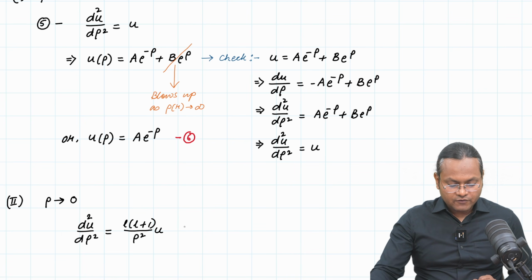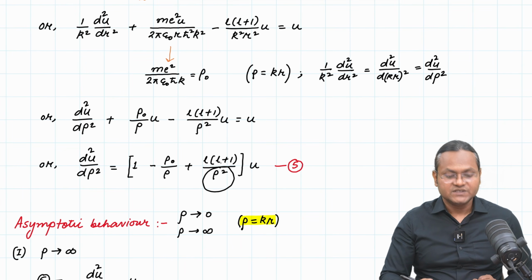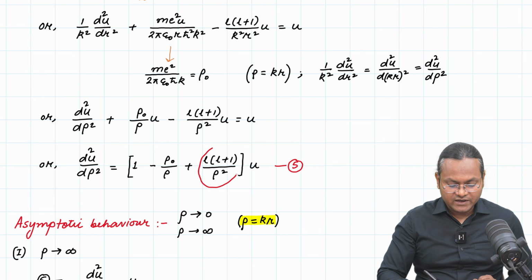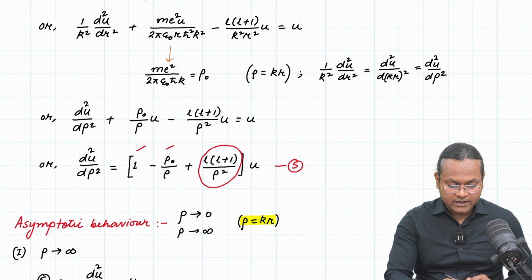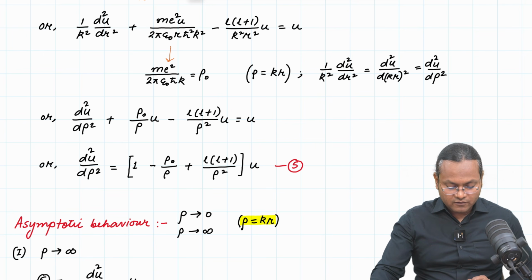Why? Because for very small values of rho, rho here is going to become extremely small, and as a result, this whole term will be very large. It will be very large compared to the first term or the second term. As a result, this term will dominate and the left-hand side will be approximately equal to just the third term for very, very small values of rho.